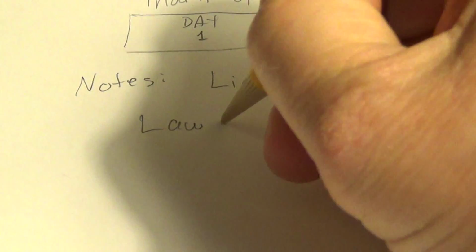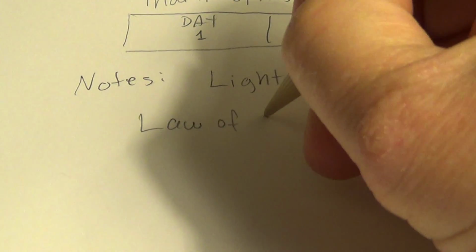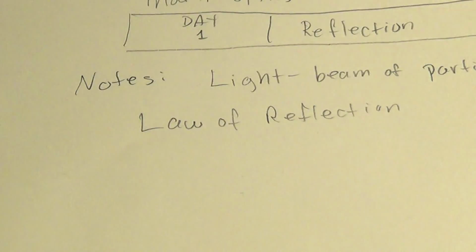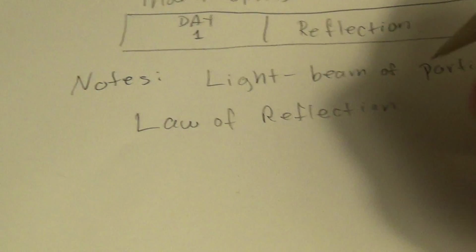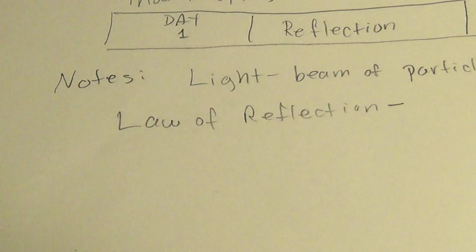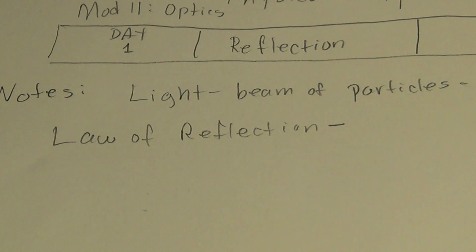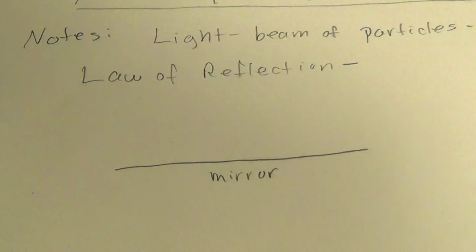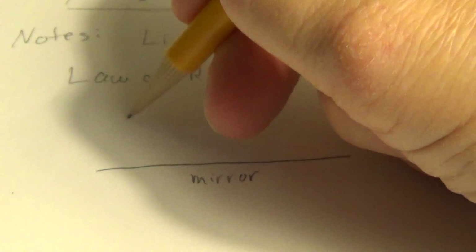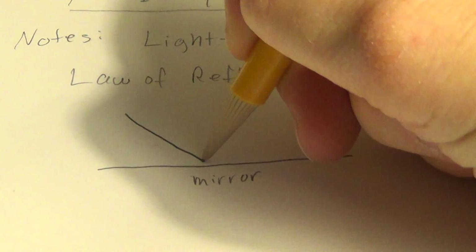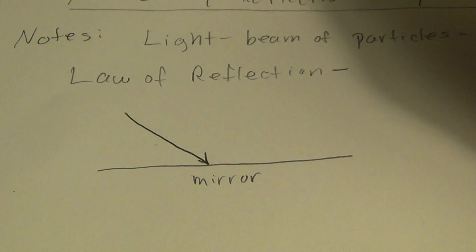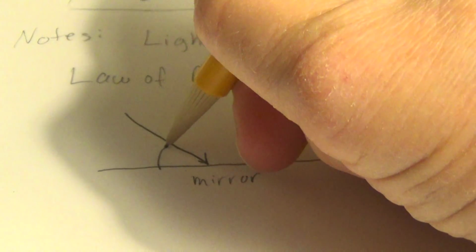If I write it down, you write it down. I've got notes, you've got notes. Law of reflection. We'll come back and fill that in, so just leave a spot. Let's talk about it. Say we have a mirror. As a beam of light comes in and hits the mirror, it creates an angle with the mirror.